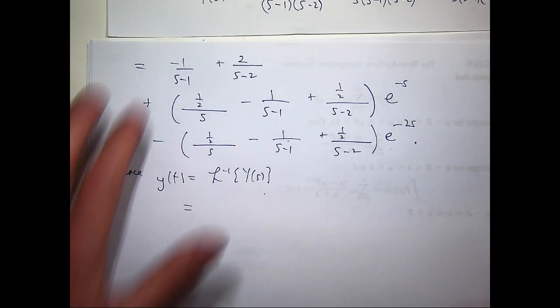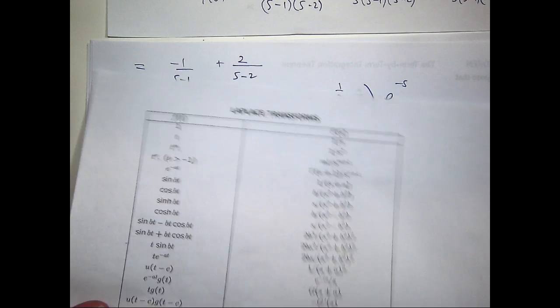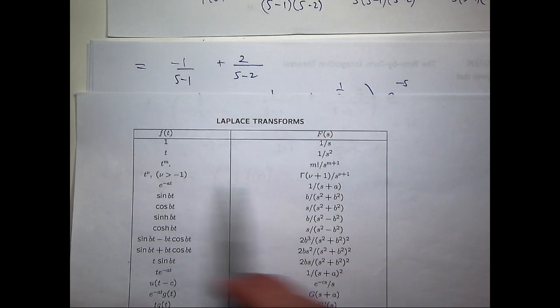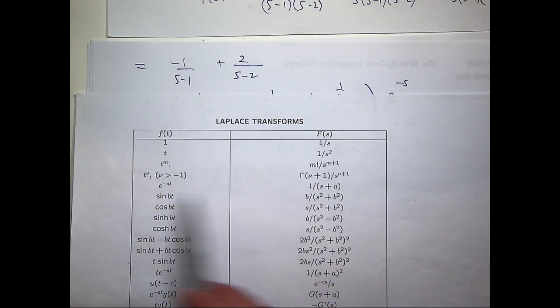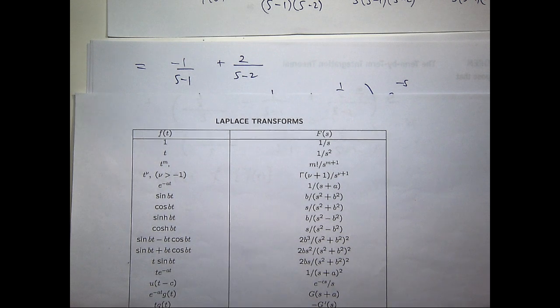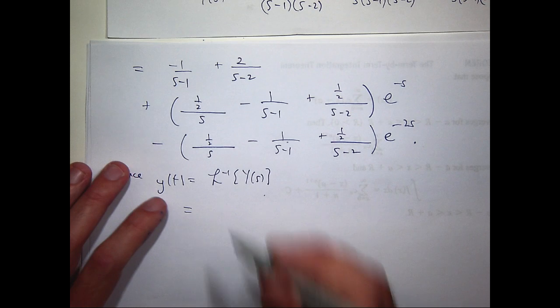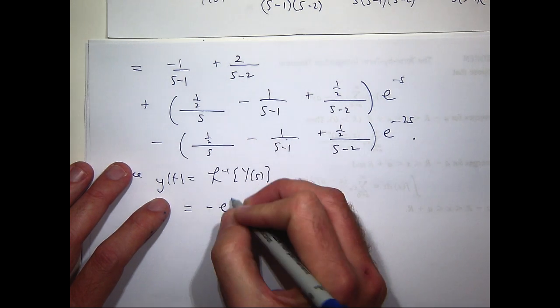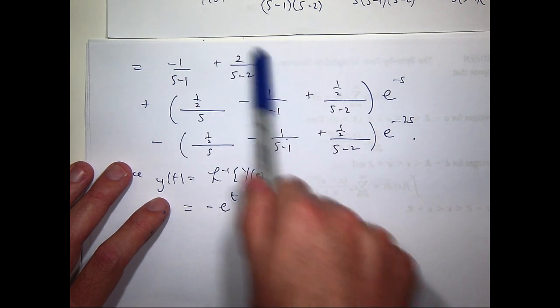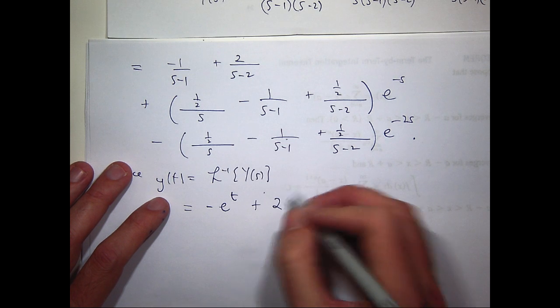The inverse transform of this is going to be something like an exponential, with a equals minus 1. So I'll get this term. And the same with this one, which is also going to be an exponential.